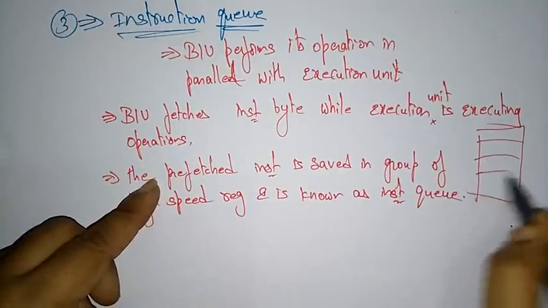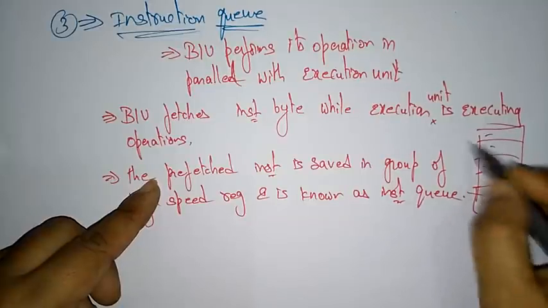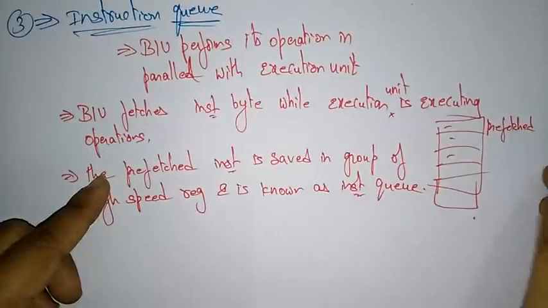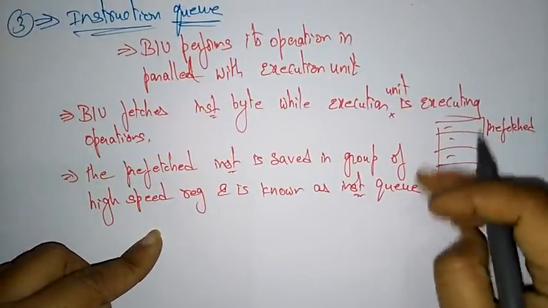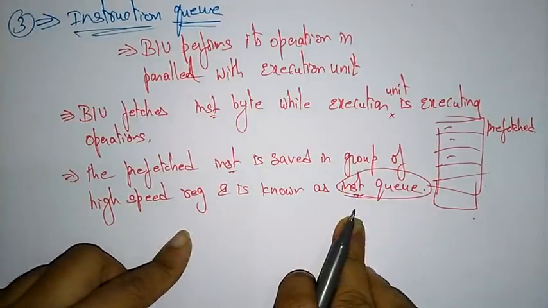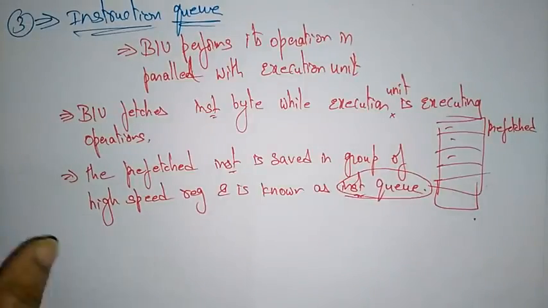Whatever the execution unit is to execute is fetched by the bus interface unit with the help of the instruction queue. The prefetched instructions, whatever is to be executed, are saved in a group of high speed registers known as the instruction queue. The instruction queue holds 6 bytes. This instruction queue is a high speed register, which you have to note.